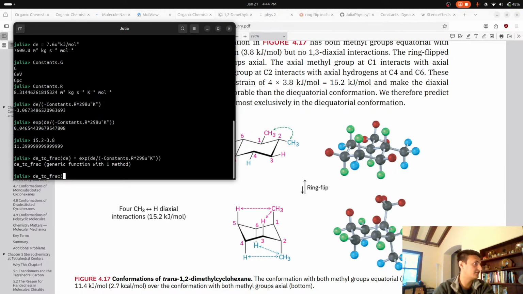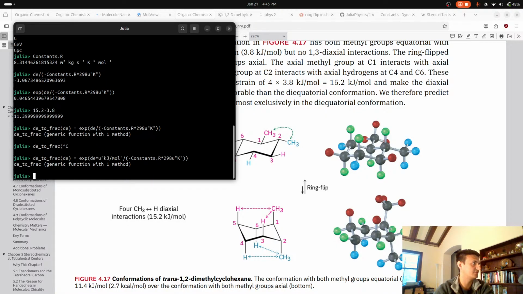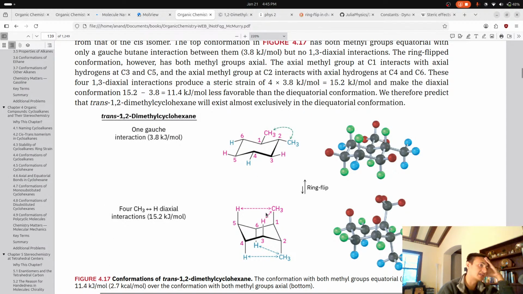Oh, but you know what we want to do? It's always going to be kilojoules per mole. Let's do that. So that's 1% of the time it's actually going to be axial.